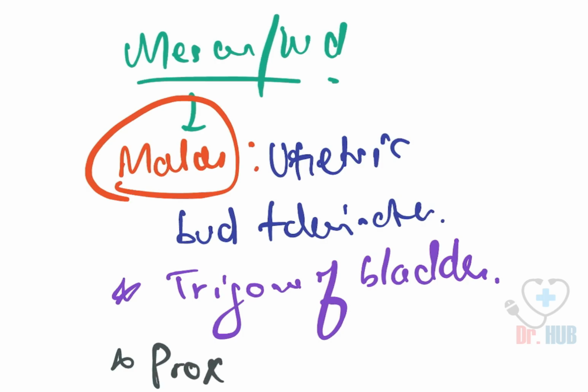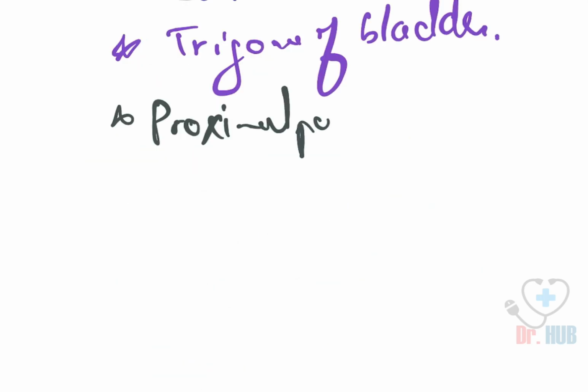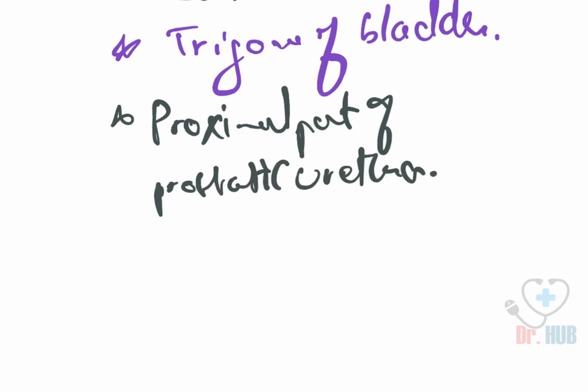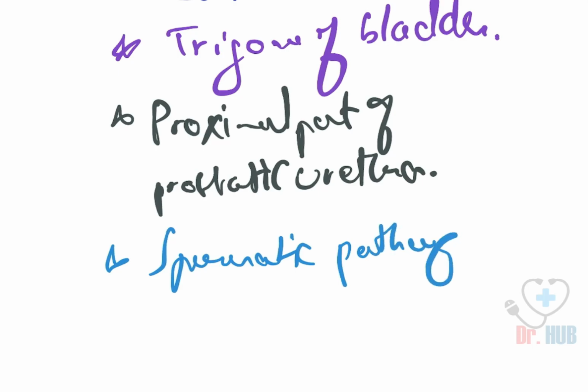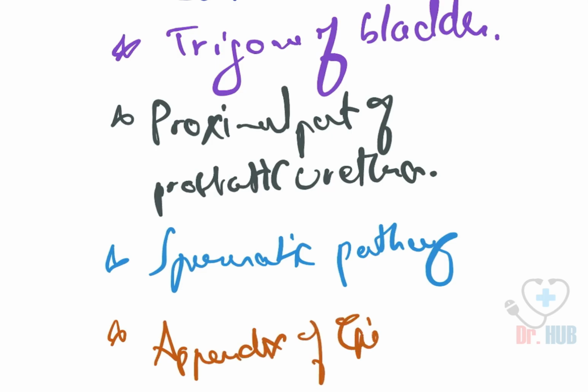Then comes the proximal part of the prostatic urethra. Next is the spermatic pathway. Then comes the appendix of the epididymis.